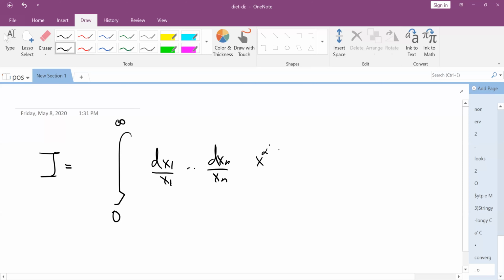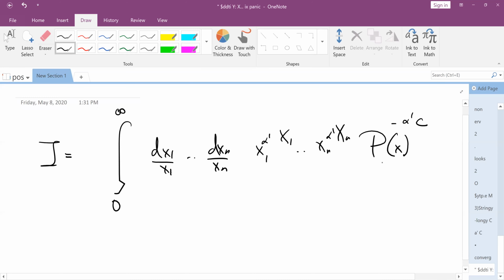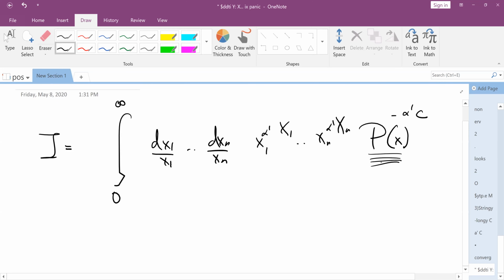We've saved things down at 0 by putting these factors. But we have this polynomial, p of x to the minus alpha prime c. And we want to know when this is going to save the integral at infinity. So obviously we need to keep track of which terms are dominating as we go to infinity. And therefore it's reasonable that what matters for the convergence of this integral is just the Newton polytope of p.